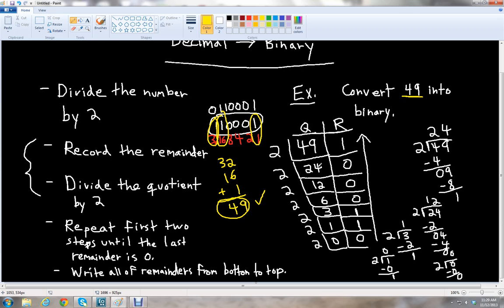And then we took the quotient, divided that by 2, and repeated that process until finally we got down to 0 when we couldn't divide anymore. And then we wrote all of those remainders from the bottom to the top. And if your first digit is 0, just cut off the 0 and write the remaining digits.